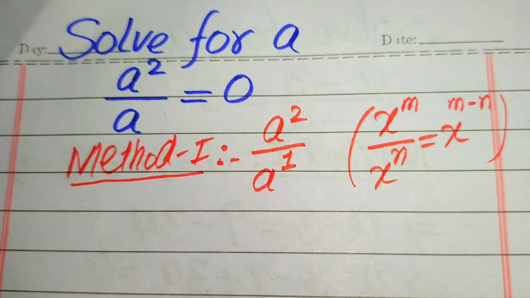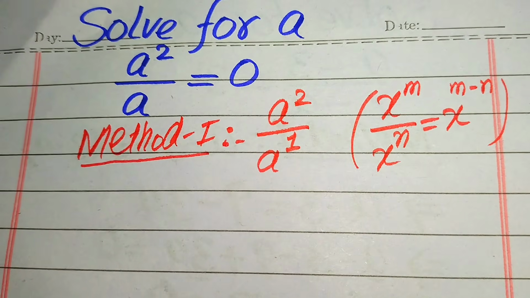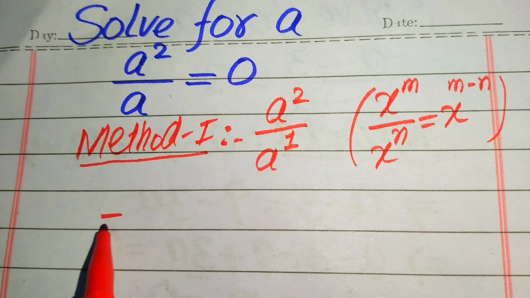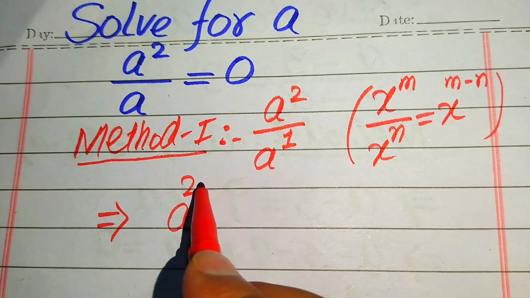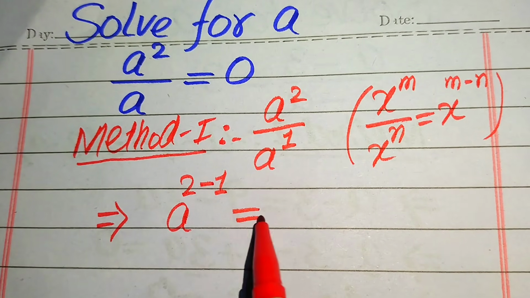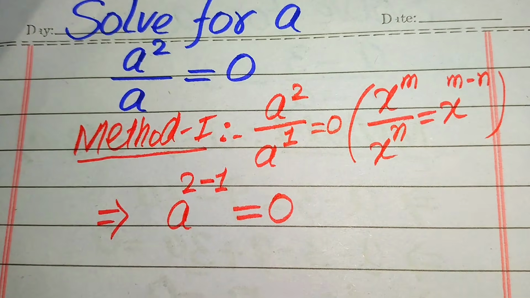According to this rule, we move the exponent 1 upwards, and it will be written as a to the power of 2 minus 1 equals 0. So this term is also equal to 0.